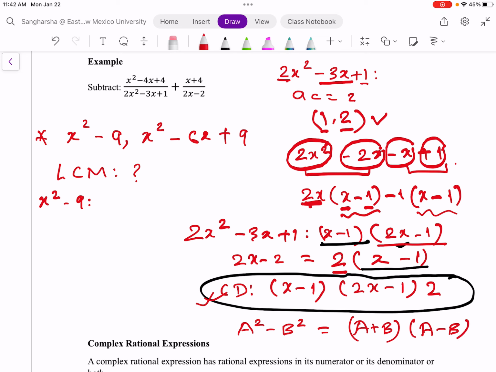Now x squared minus 9, we can rewrite as x squared minus 3 squared. So x is the a and 3 is the b. Now you substitute a and b in this factor, so you get x plus 3 times x minus 3.